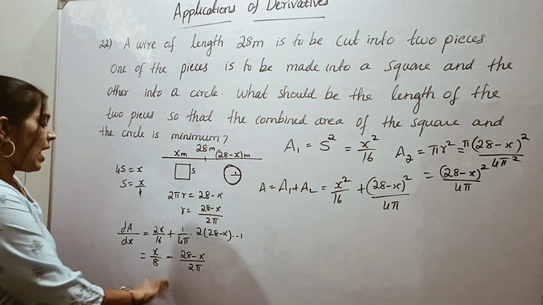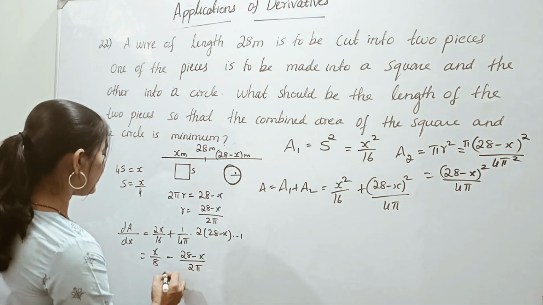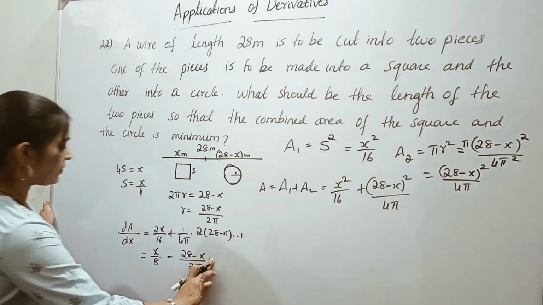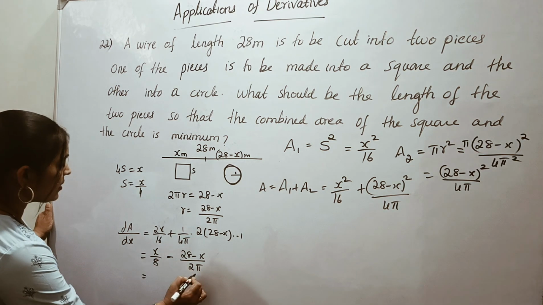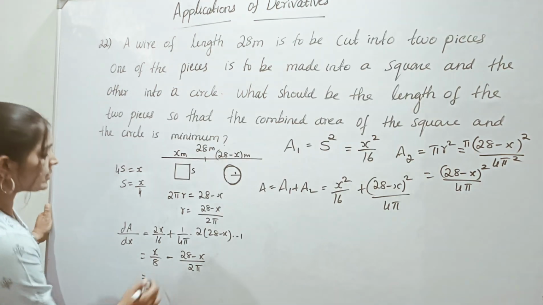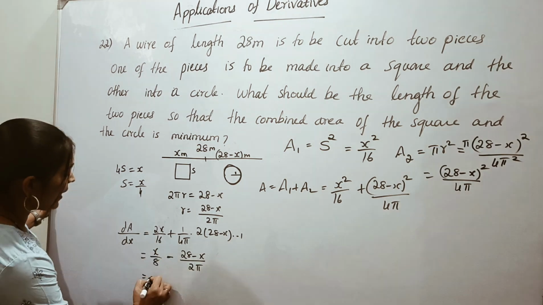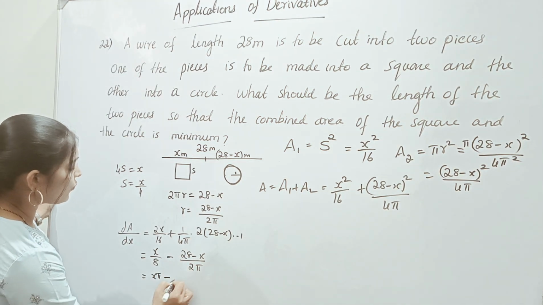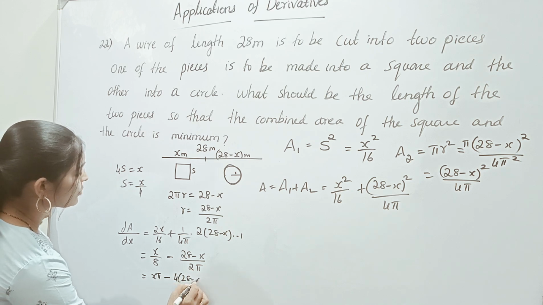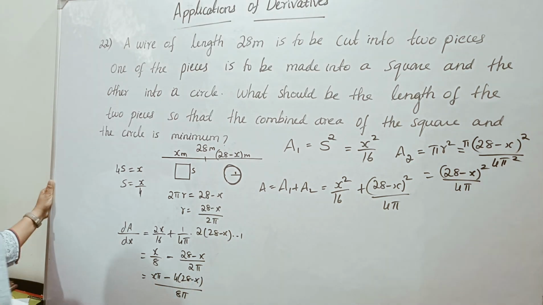Then after that, let's simplify this one, because here we have to find the value of x. So here we have 2 pi and 8, so 8 pi is the LCM. So x pi minus 4 into (28 minus x), divided by 8 pi.